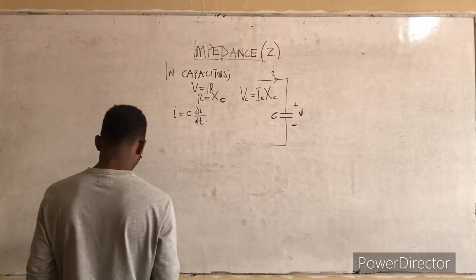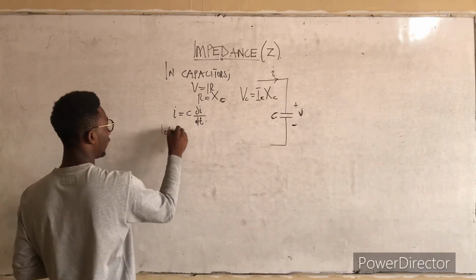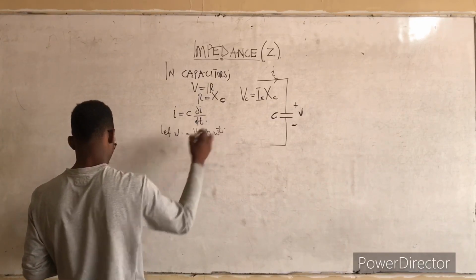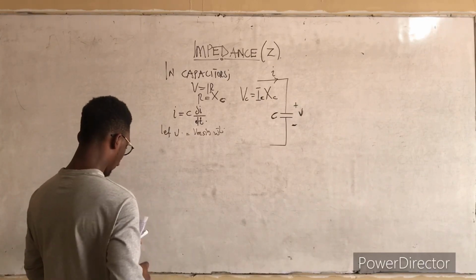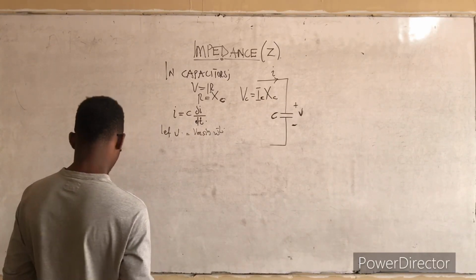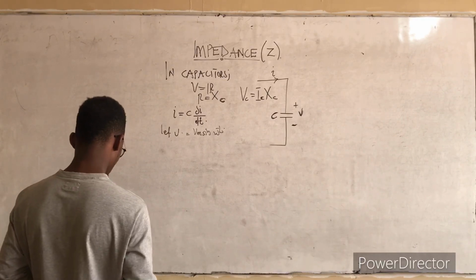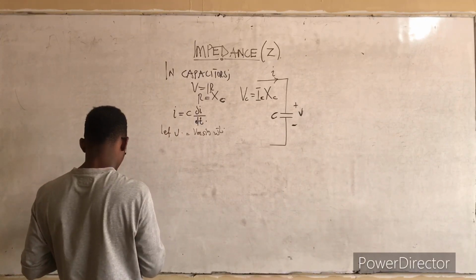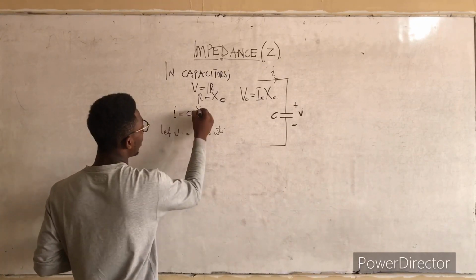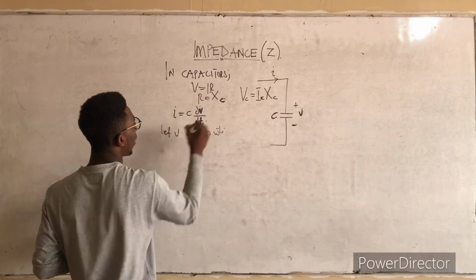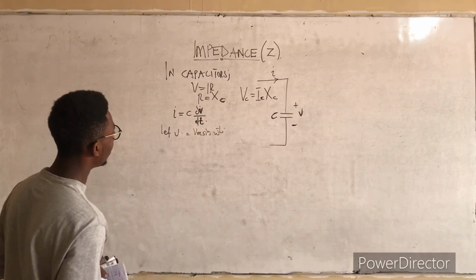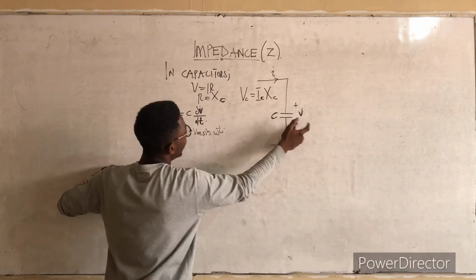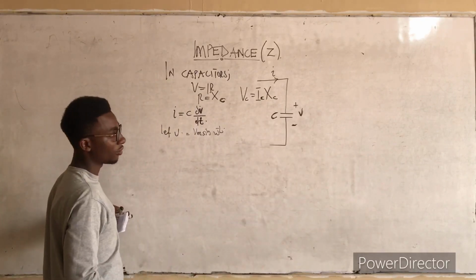So from this relation, we let V equal Vm sine omega t. Sorry, it should just be dV/dt, because the current becomes the capacitance times the derivative of the voltage across the capacitor.